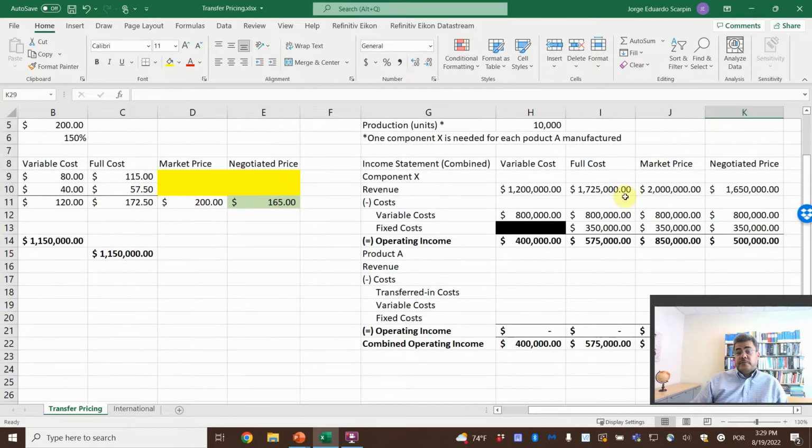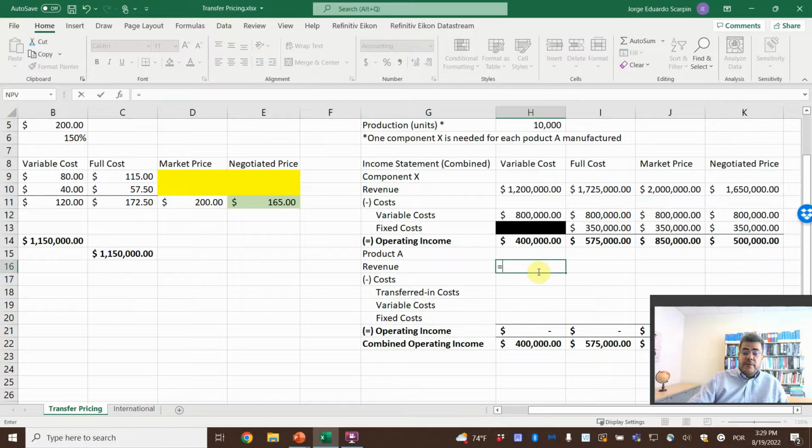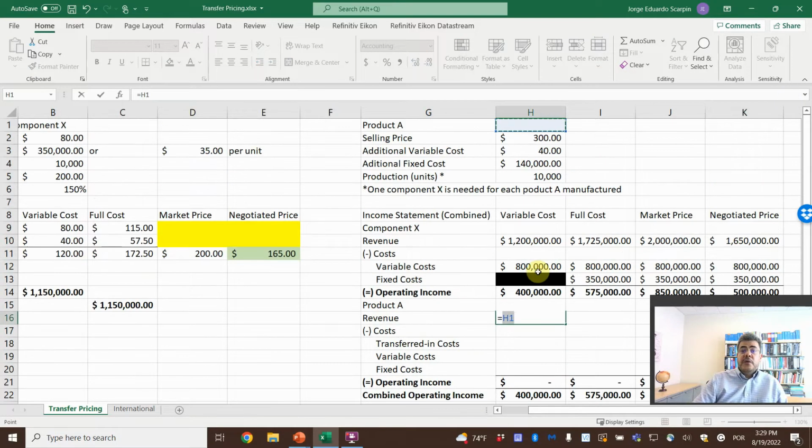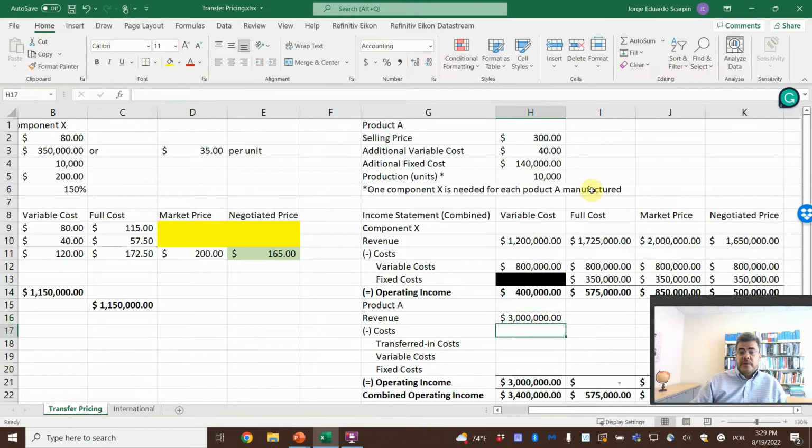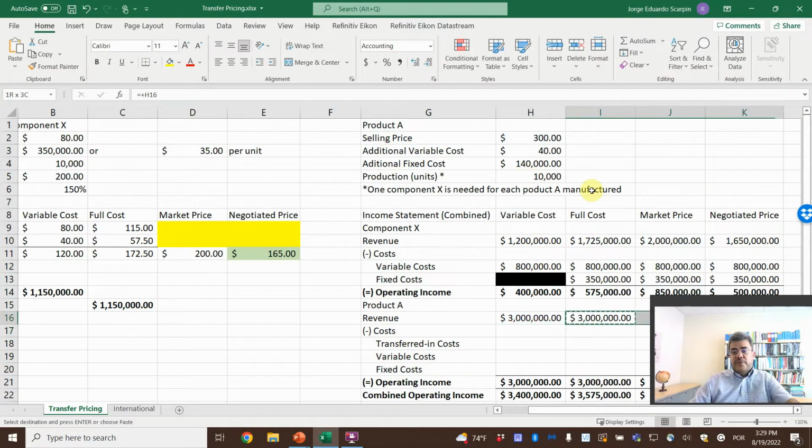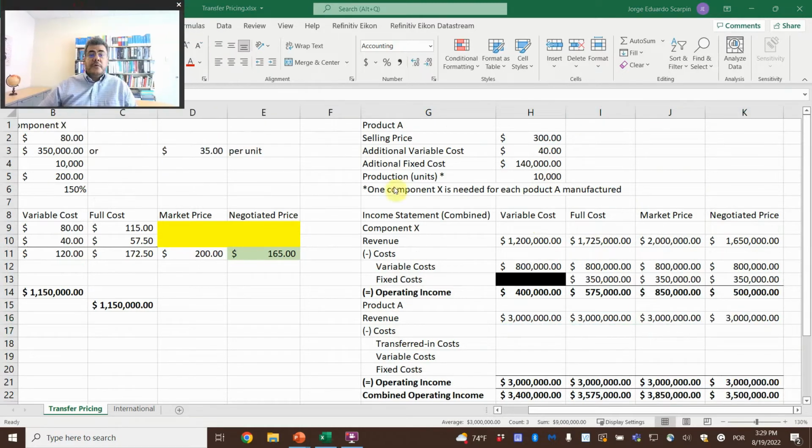What about the product A? Revenue. It will be $300 times production, 10,000. And it will be the same revenue for all of them. And let's move myself here. $3 million. So here, the combined operating income, we have here, costs.